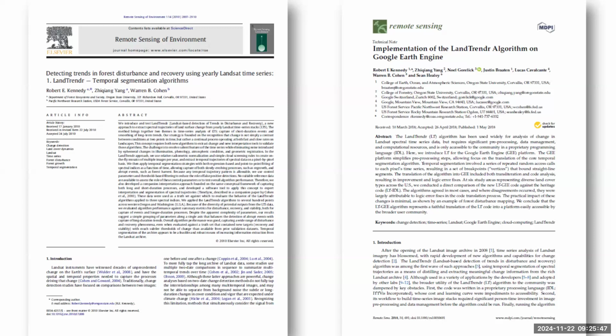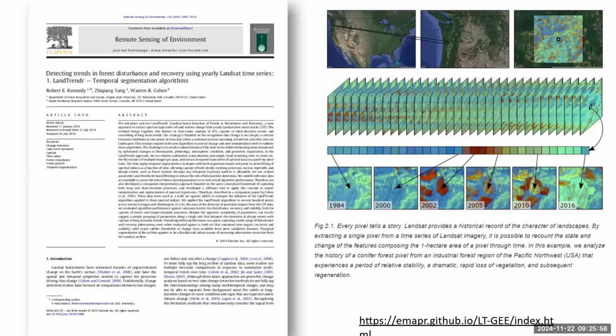But Robert Kennedy puts out his paper in 2010, and then after Earth Engine appears on the scene, puts out another paper for Earth Engine. And the long and the short of LandTrendr, and I'm just looking at the clock in the back there, and the seconds keep ticking by, the way LandTrendr works is you have thousands of Landsat scenes over any given spot of the world, again from a free and open archive.